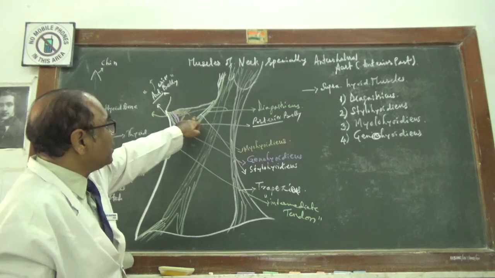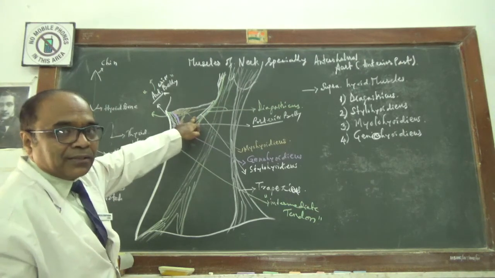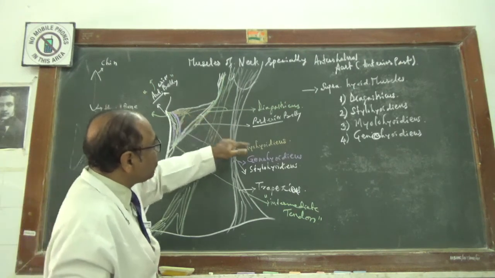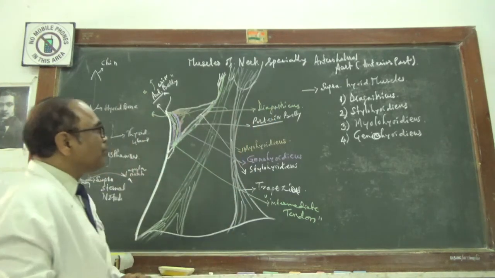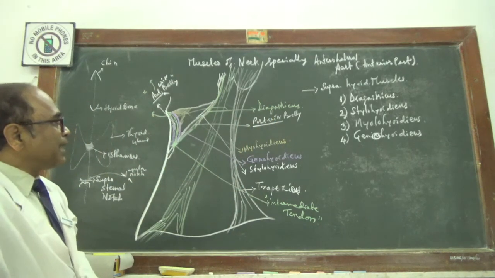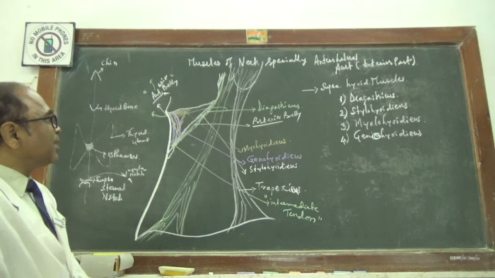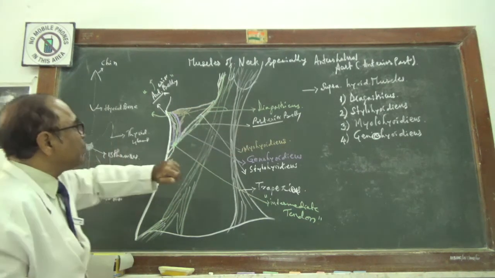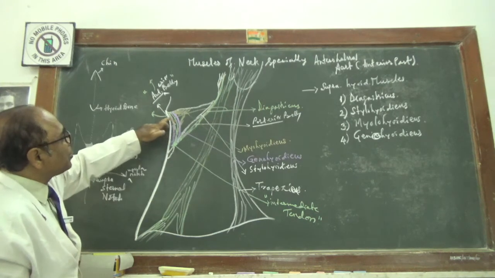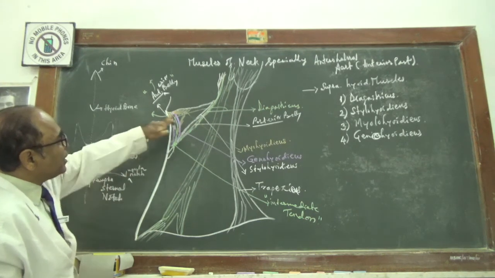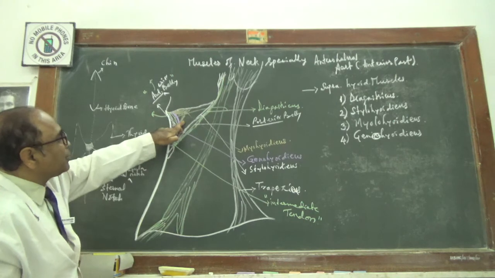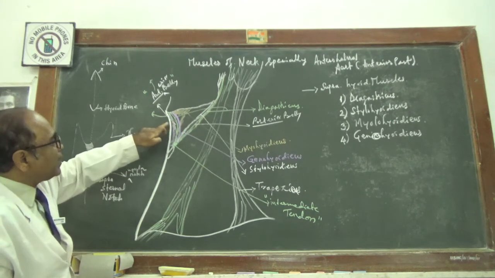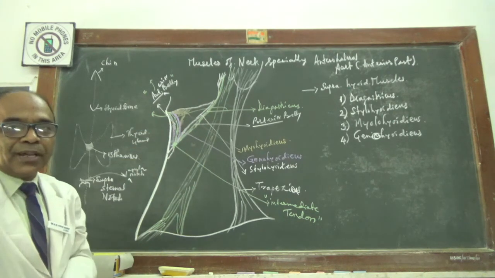Apart from that, the nerve to the mylohyoid. So these are all the relations for the bellies of the digastric, anterior and posterior. But especially what I talked about here is the posterior belly. Now coming to the anterior belly, there will be the contents of the digastric triangle and the mylohyoid triangle.